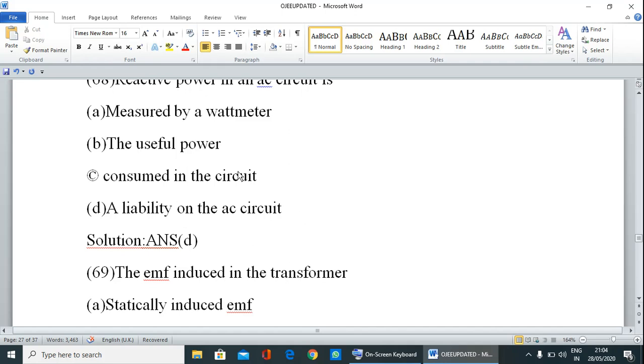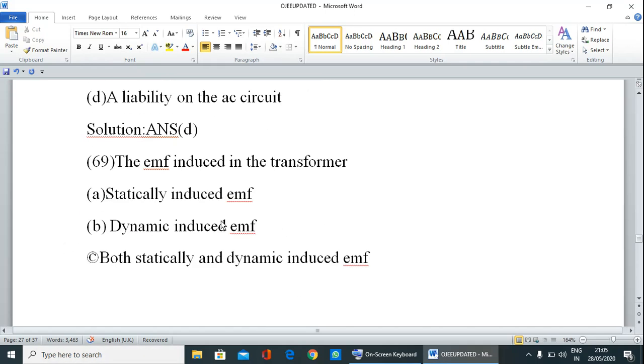Generally, reactive power is used for magnetizing the circuit. So the more the reactive power, the more the active power automatically decreases. Therefore, it is a liability on the AC circuit. Answer D is the correct answer.